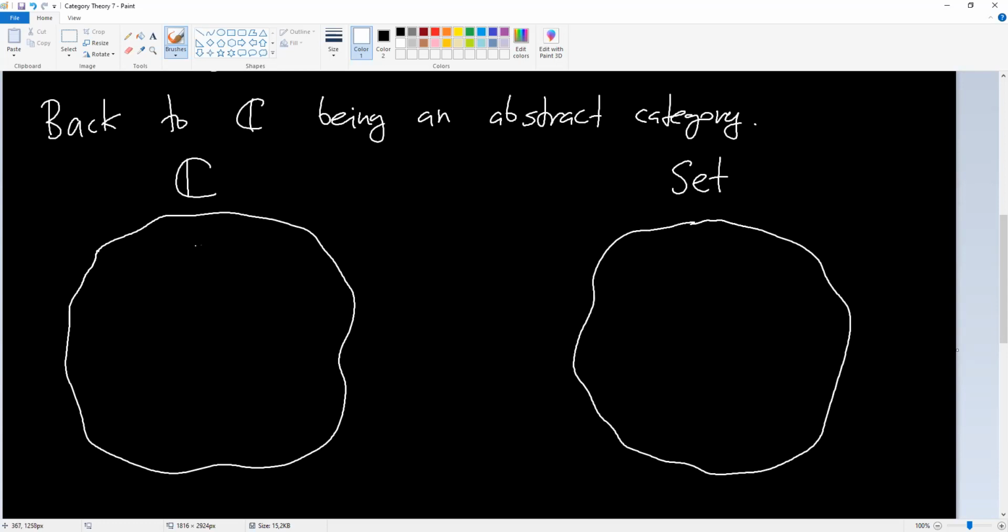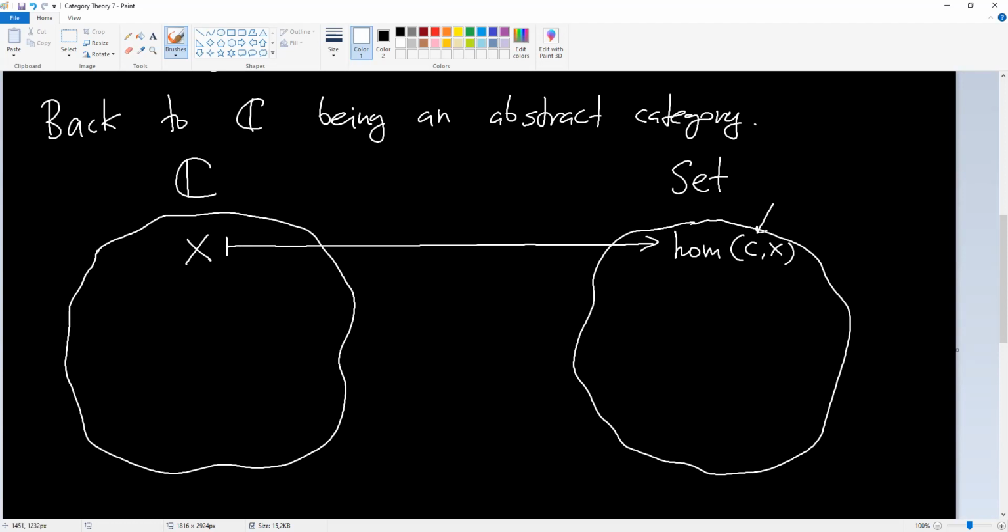For every object X in the category C, we seem to have a corresponding set Hom(C, X). Remember, C is a fixed object.